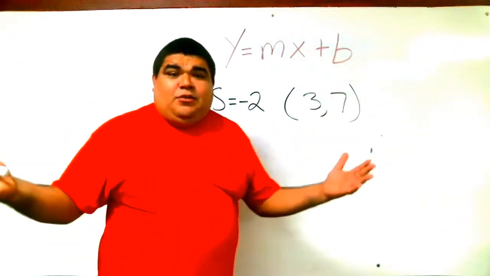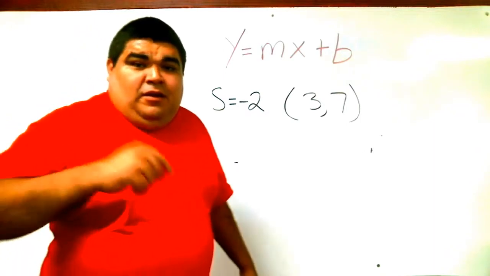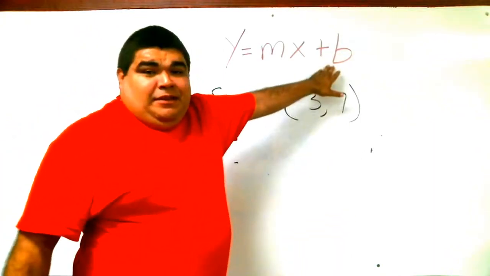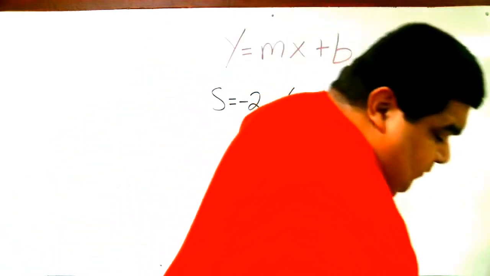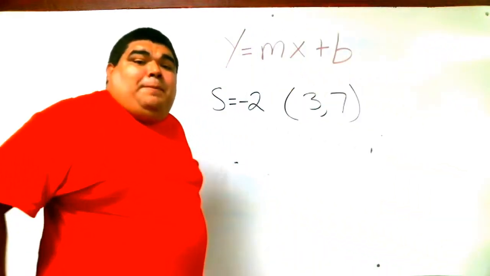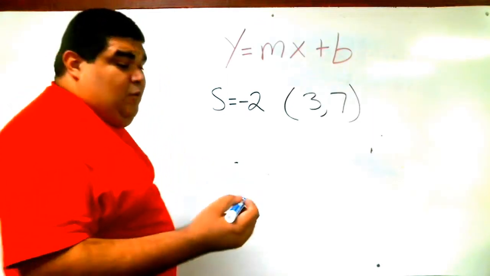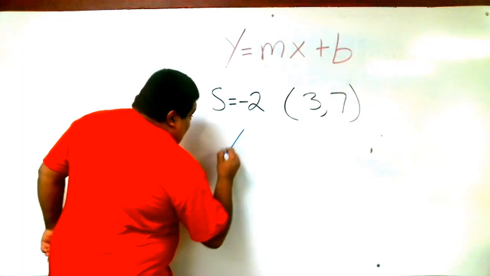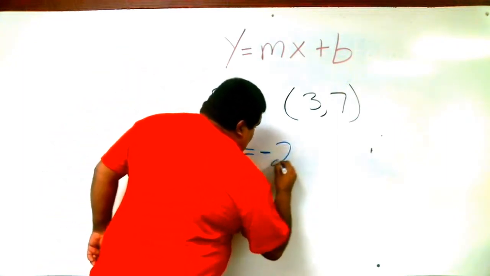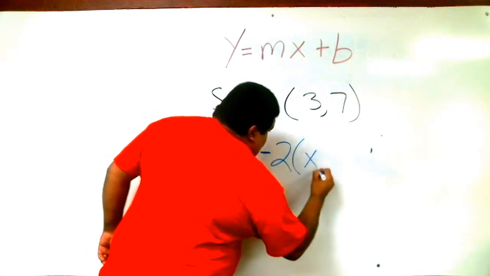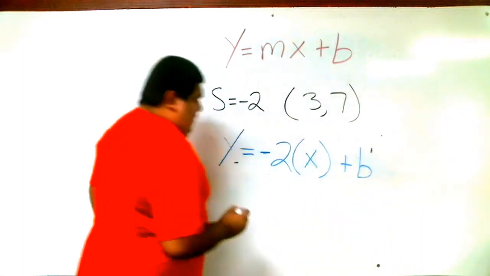Luckily, like I said, it already gives us the slope, but we still have to find that b, because we're creating an equation today. So we can start off by plugging in the slope into the equation. We have y equals -2 parentheses x plus b, okay?